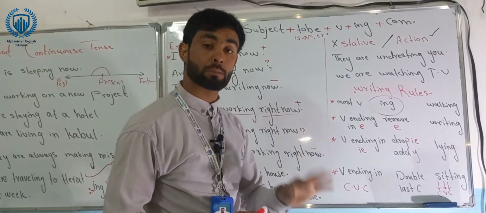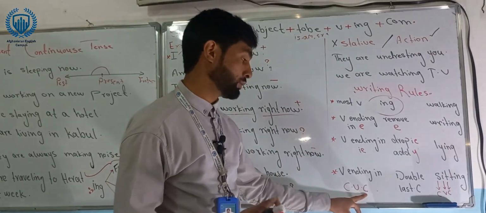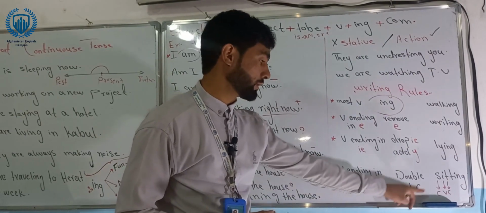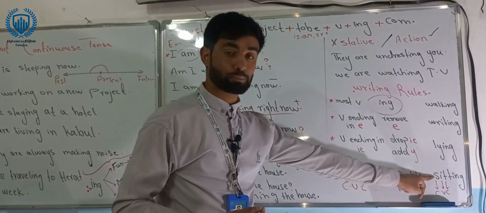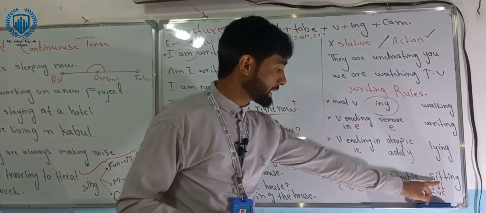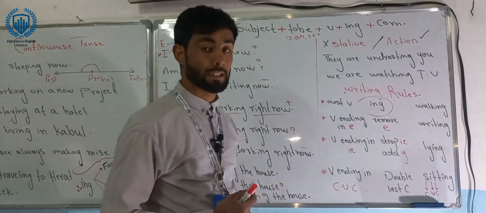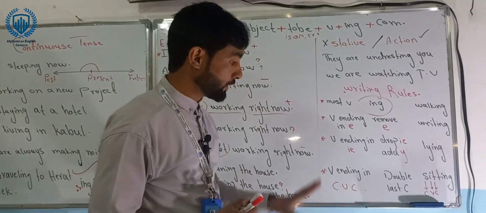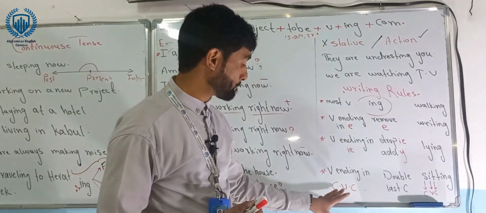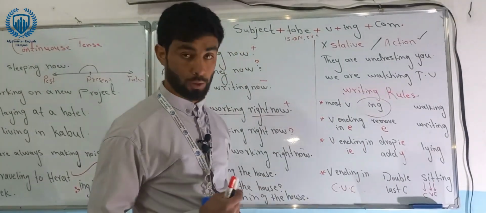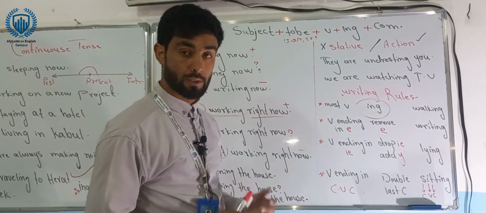Double the last consonant. Sit. Sit is a verb. So it's consonant, vowel, consonant. Then I double the T. Sit, sitting. This is the rule of adding ing for CVC one syllable words. Wish you understood this part as well.